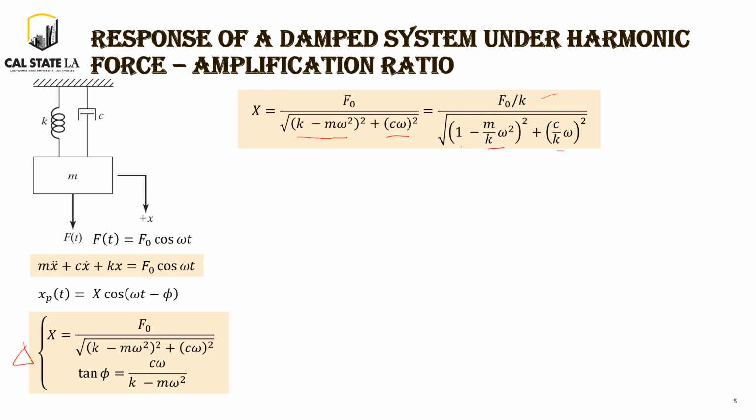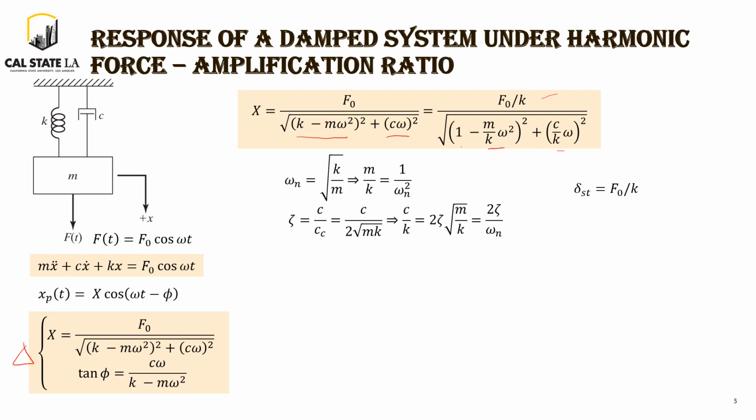And further, we're going to use the previous conclusion that we have about the natural frequency. We know that the natural frequency is the square root of k over m. From that, we can find m over k. So m over k becomes 1 over omega n squared. And similarly, we can find c over k by looking at the definition of the damping ratio. The damping ratio is defined as the damping constant over the critical damping constant.